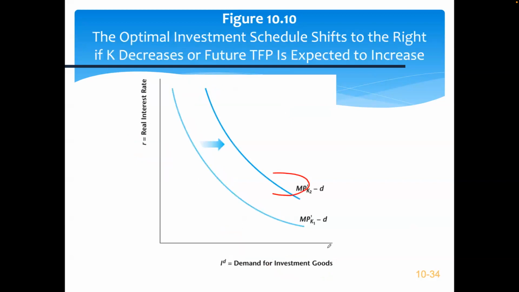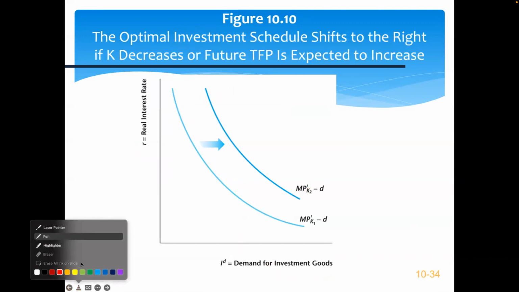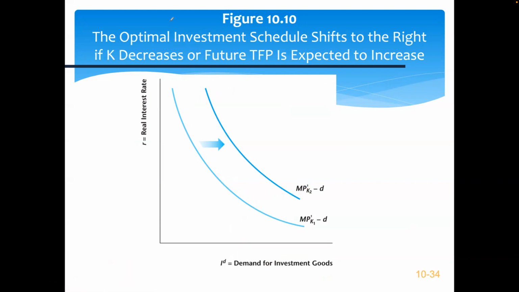Okay. So now, what can cause the curve to shift? Right. So if there's a decrease in K, or if the future TFP is expected to rise, it's going to increase. Why? Let me write down. So at the end, in equilibrium, first make sure MP prime K minus D equals R. If K decreases, right?